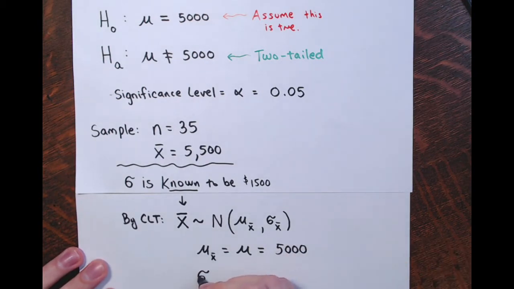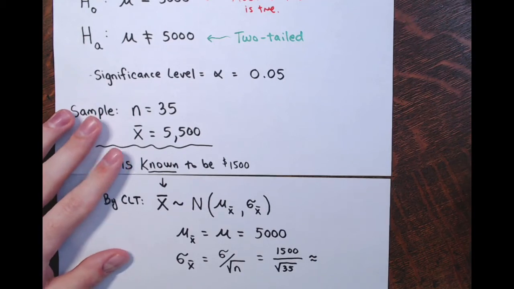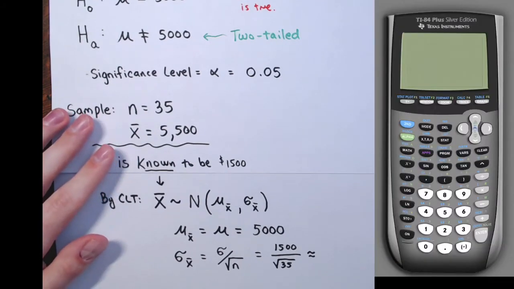And the standard deviation of these sample means for samples of size 35, recall, is the standard deviation of the population divided by the square root of the sample size. So that would be 1500 divided by the square root of 35, which I'll punch into a calculator and we'll get an estimation. So I'll pull up my calculator, and we got 1500 divided by the square root of 35.